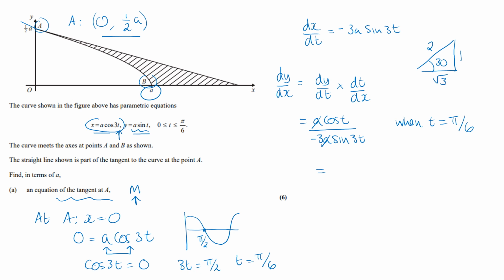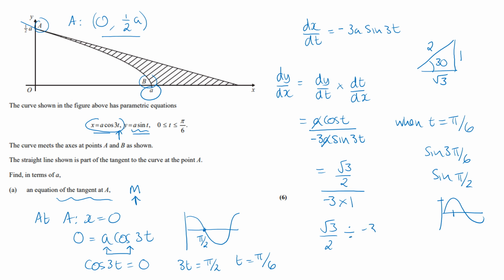So cos 30 is root 3 over 2, and that's divided by minus 3 sine of 3 pi by 6, which is equal to sine of pi by 2. So on our sine graph, the sine of 90 is 1, so that's minus 3 times 1. So this is root 3 over 2 divided by minus 3, which is going to be minus root 3 over 6.